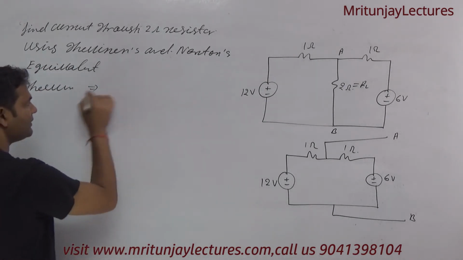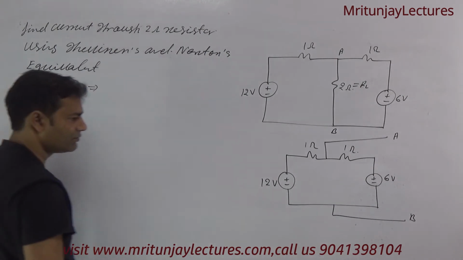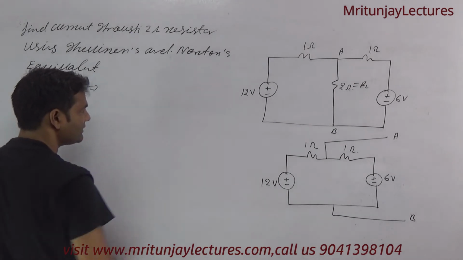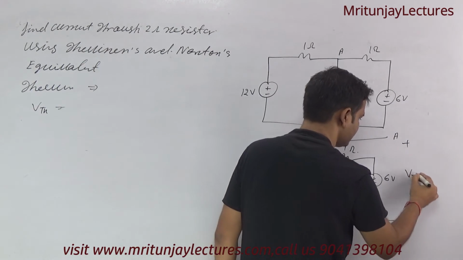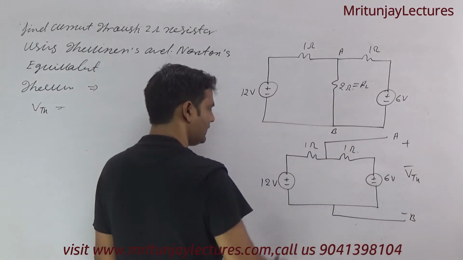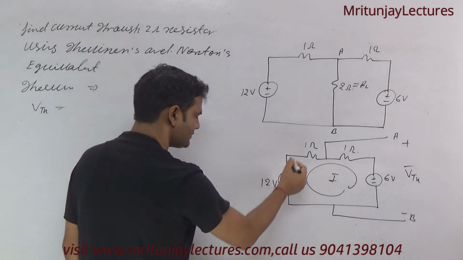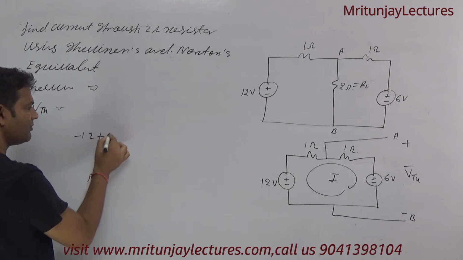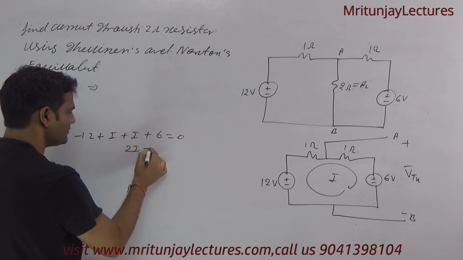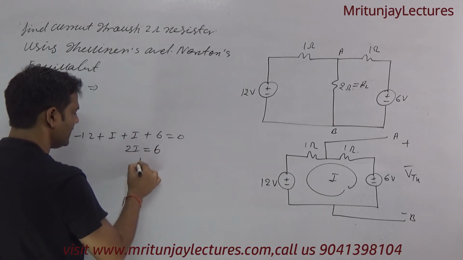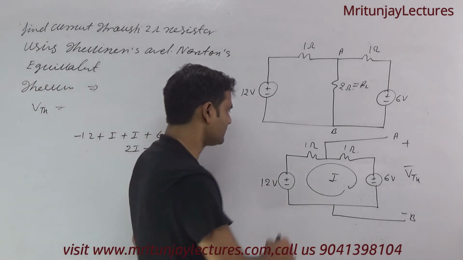Thevenin's theorem corresponding to the Thevenin equivalent. I know how to determine VTH. If you want to determine VTH, first of all, make a circuit. Already done it. First of all, we take VTH and let the current in this loop be I. So minus 2 plus minus 12 plus I plus 6 is equal to 0. So 2I is equal to 6, I is equal to 3 ampere.